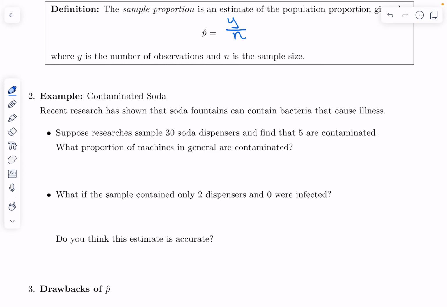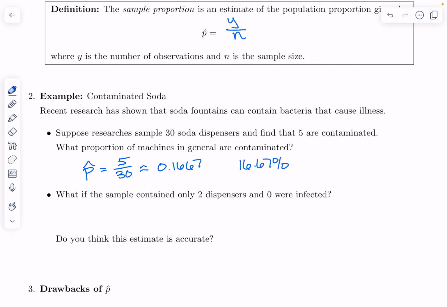And we know that p hat is 5 out of 30, which is approximately 16.67% of soda machines are contaminated with bacteria. This will make you think twice about using that freestyle machine in the caf.